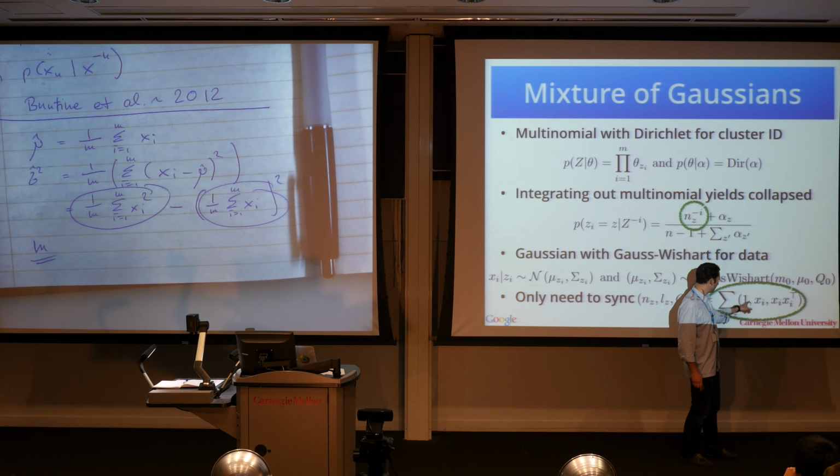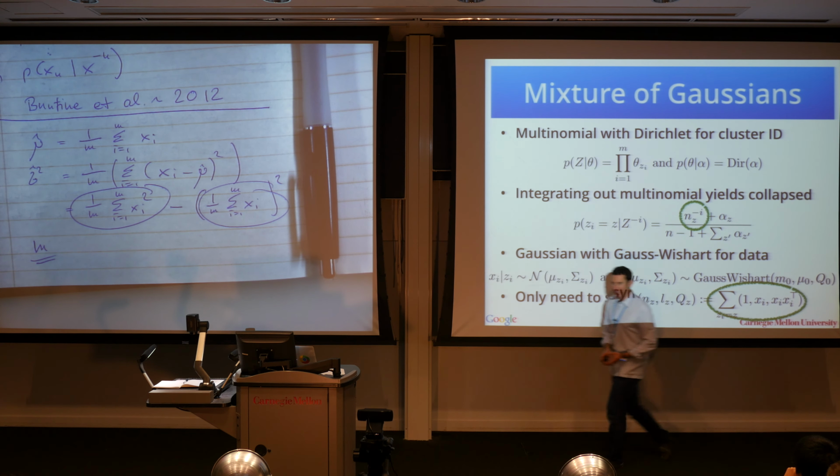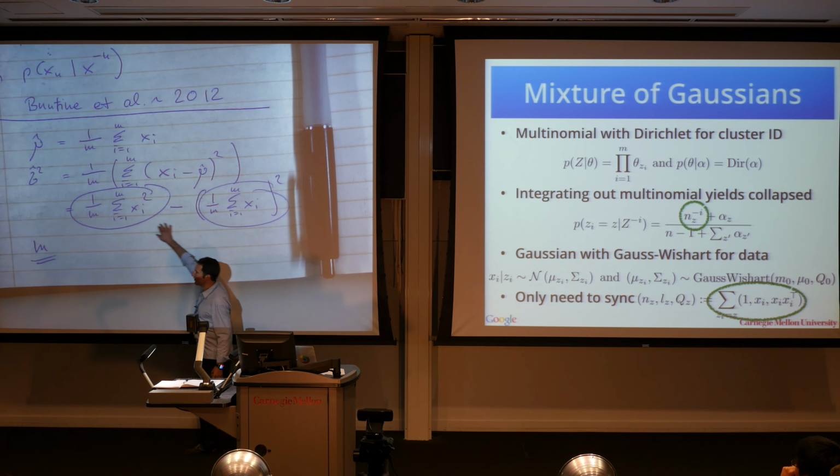That sum over all the documents that go into a particular cluster gives me that count. That gives me the corresponding unnormalized mean, and this gives me the unnormalized second order moment. So now all I have to do is invoke algebra to obtain these things.